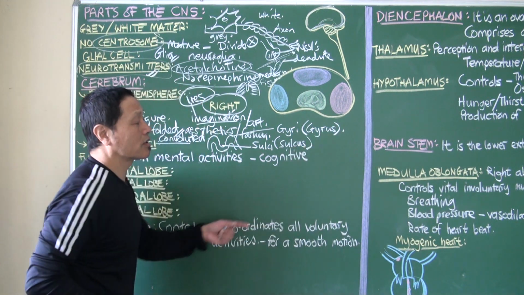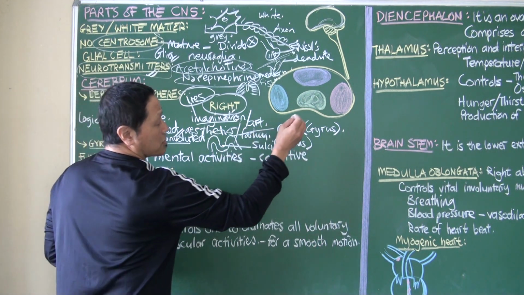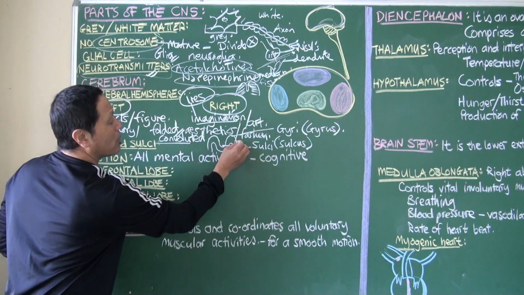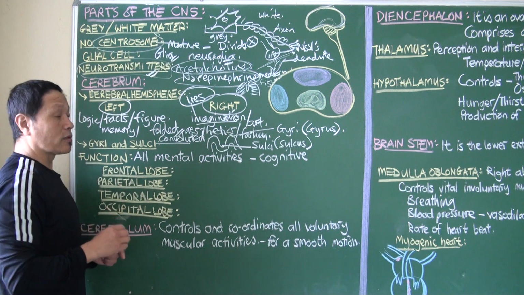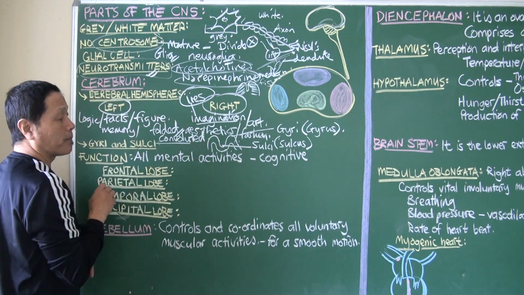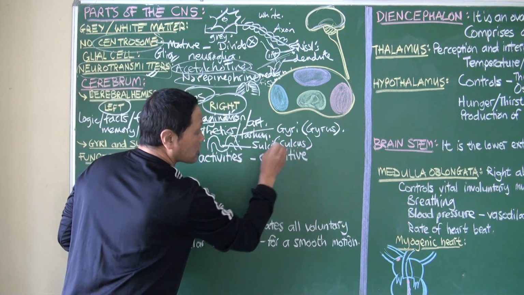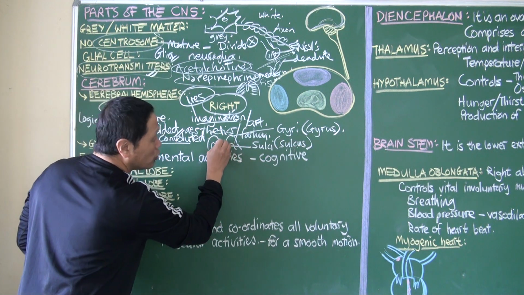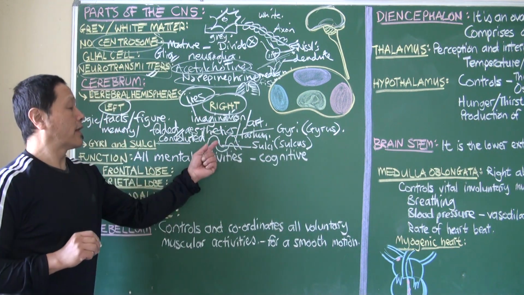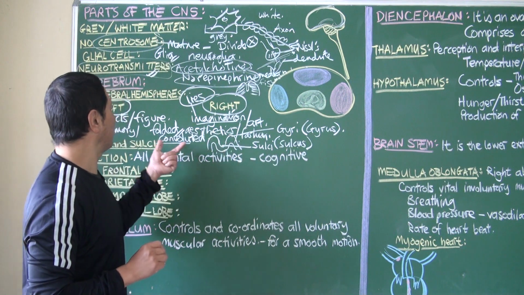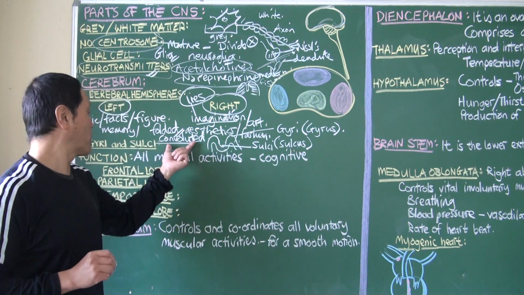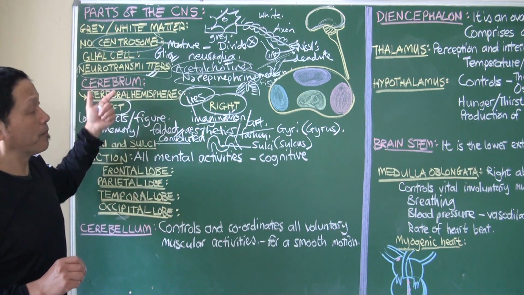Sometimes they can ask you what are these. So you can just say gyrus are those mounds on the folds of the cerebrum, and sulcus or sulci are the grooves that are formed in what we call convolutions of the cerebrum.